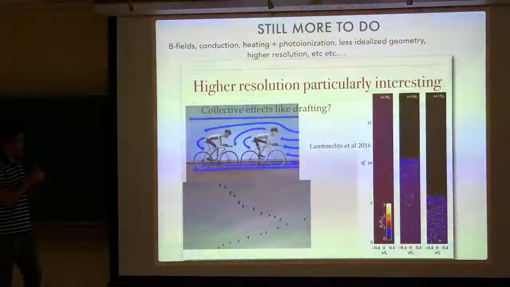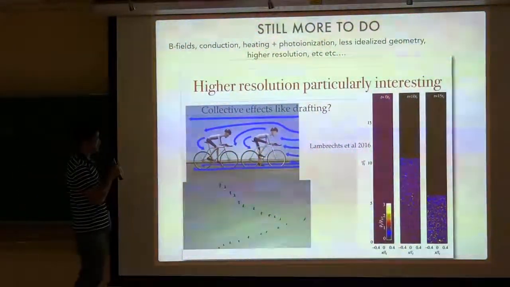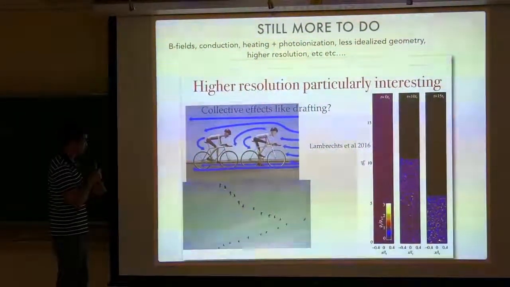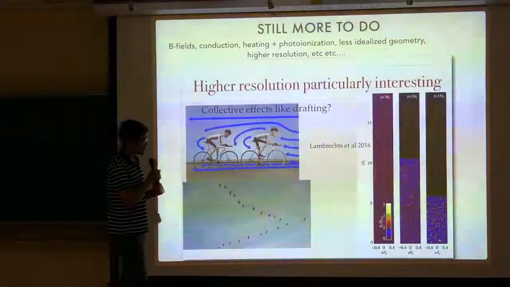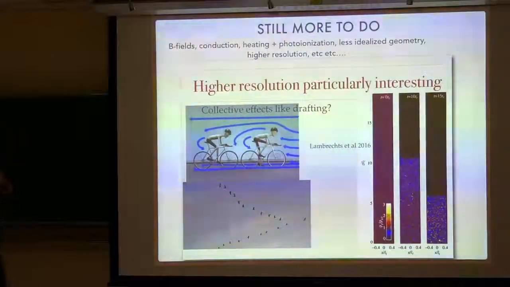And it would be interesting to return to this original thing that we were interested in. What happens if you had really super high resolution, right? And there are streaming instabilities that people study in protoplanetary disks involving dust, right? Where you see stuff aggregating, which also would be very interesting to study.